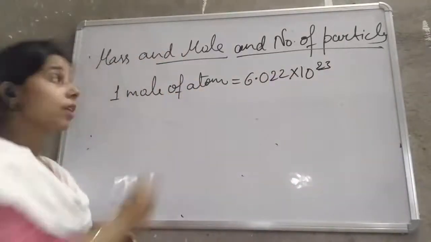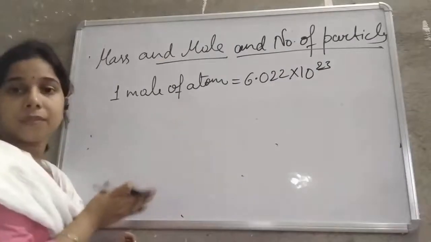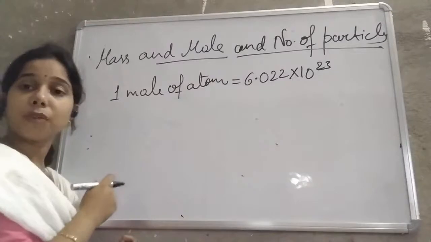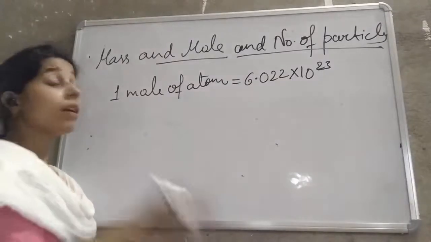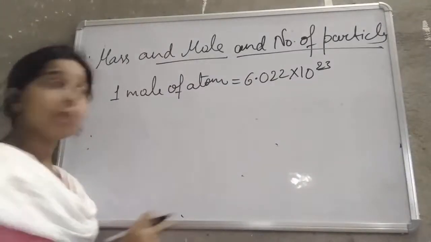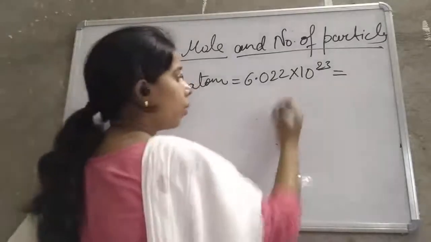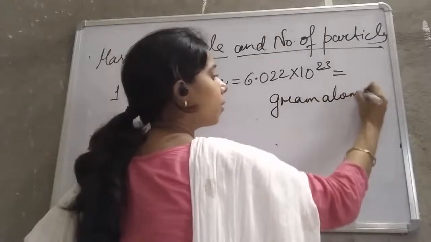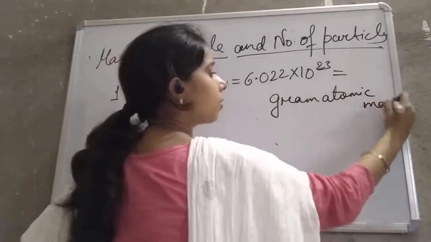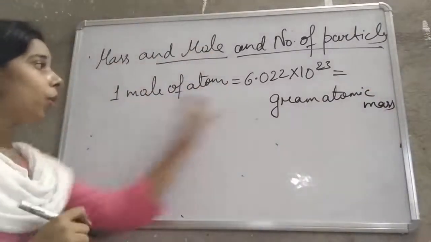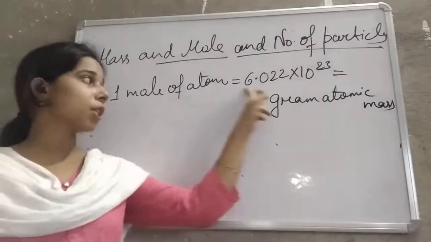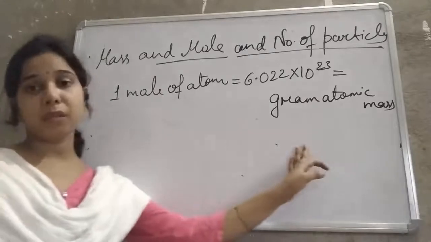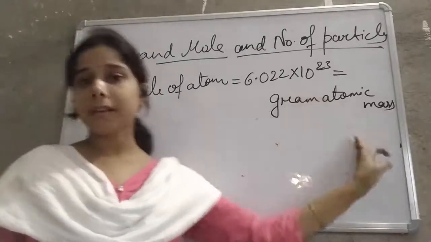So for this mole of the atom, the number is fixed, that is the number of particles is 6.022 into 10 to the power 23. Now the mass is also fixed, so this will also be equal to the gram atomic mass. Okay, so 1 mole of the atom is equal to 6.022 into 10 to the power 23, as well as the gram atomic mass.